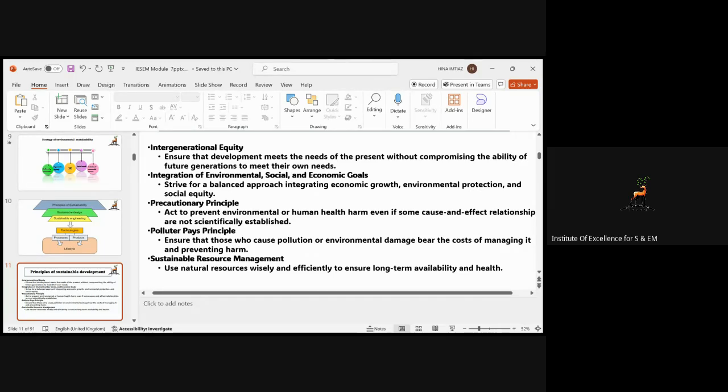So here I want to give an example: any industry or factory or enterprise which is contributing to air pollution, emitting greenhouse gases, has to pay for that, because they have a certain limit for the emissions of such gases.